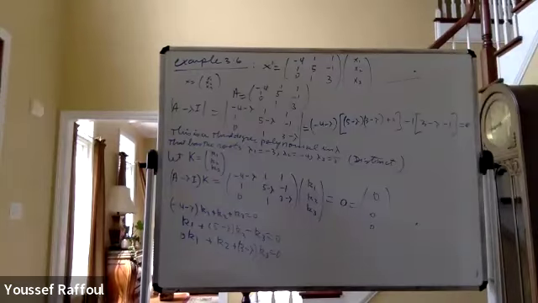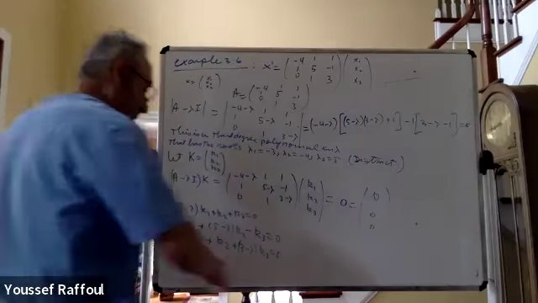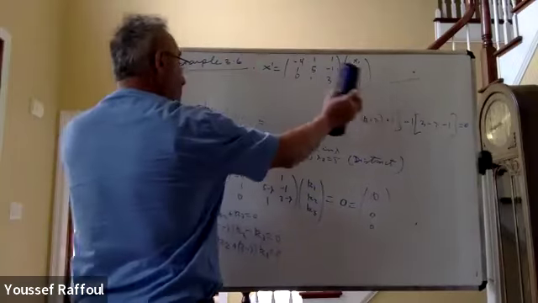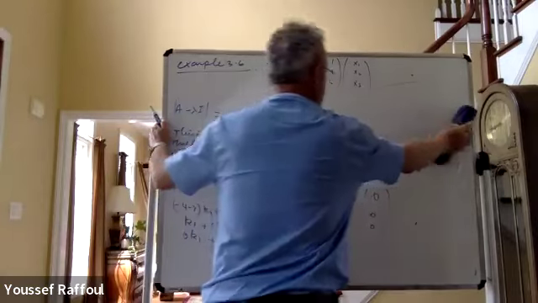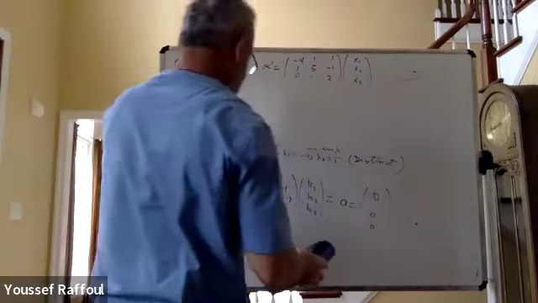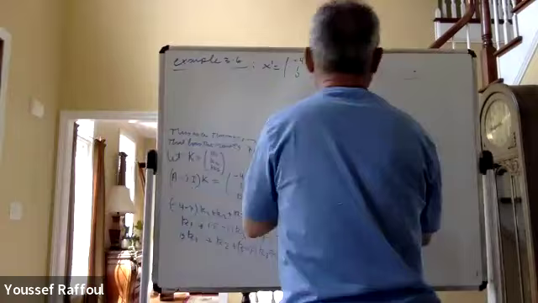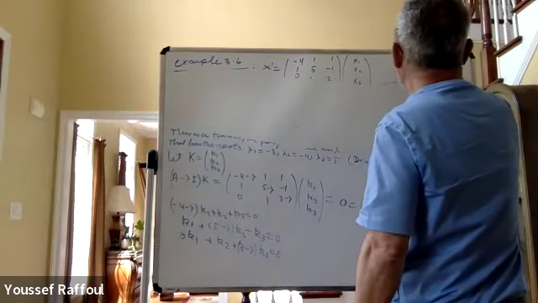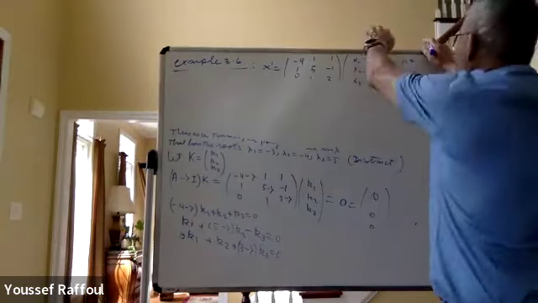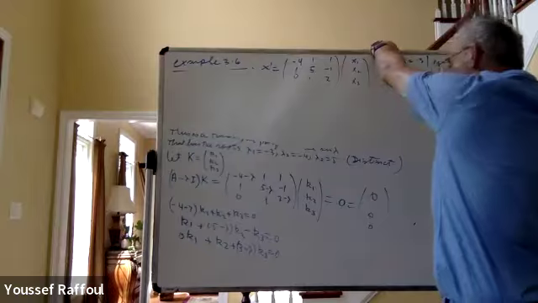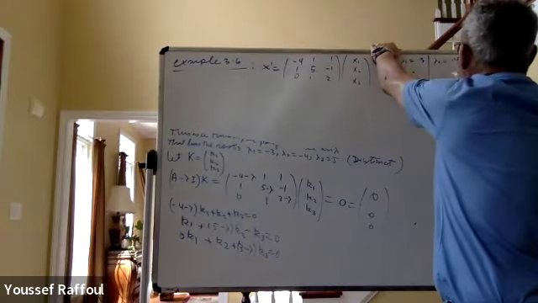Okay? All right. So I'm going to come here and write the eigenvalues here. Lambda 1 is -3. Lambda 2 is -4.